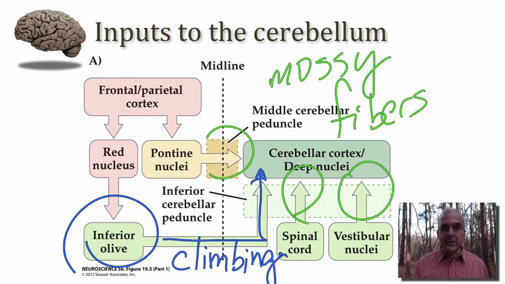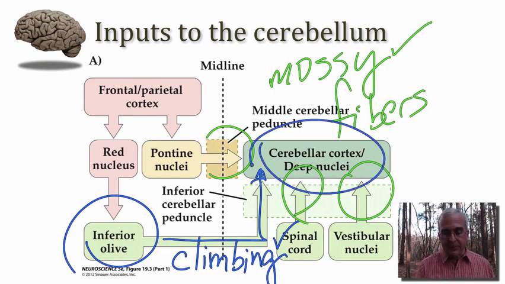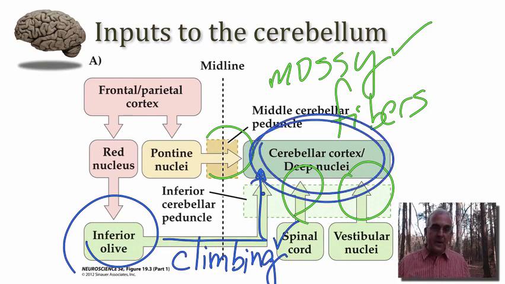It has to do with the intimate relationship of the axons of this inferior olivary neuron with respect to the principal cell type that we find in the cortex of the cerebellum. Now, let me emphasize that both the mossy fibers and the climbing fibers terminate at both levels of cerebellar processing, in the cerebellar cortex and also in the deep nuclei.